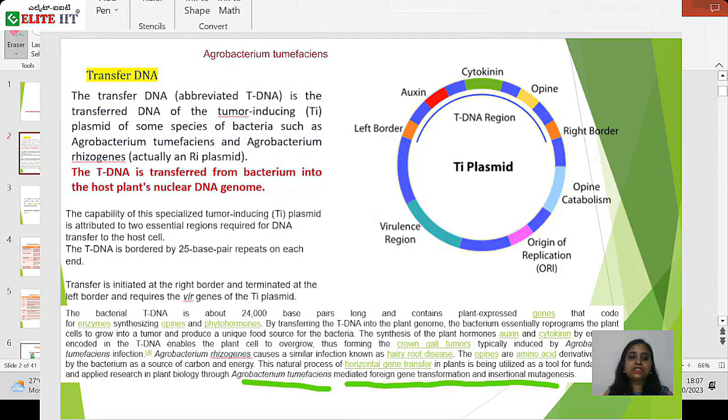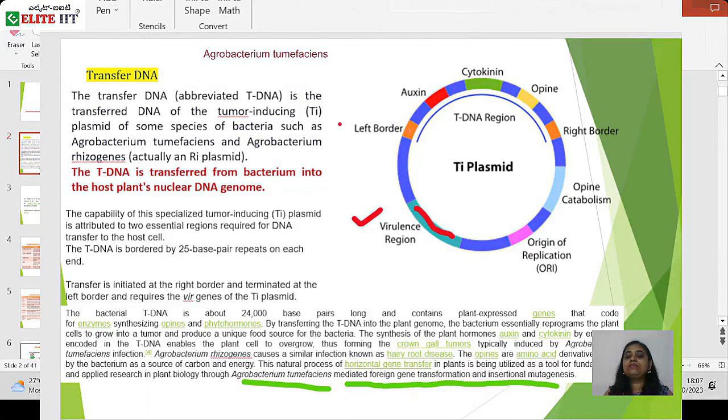First of all, you have to know the virulence region. Due to the presence of this region, this plasmid has virulence, so it can infect another system. Therefore, it is known as the virulence region.